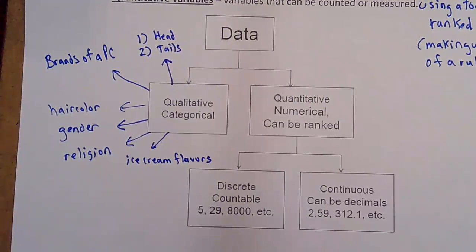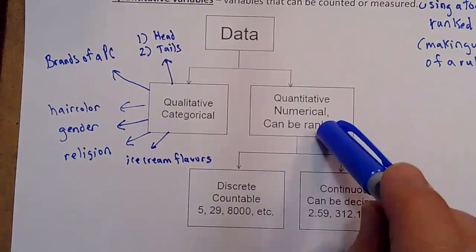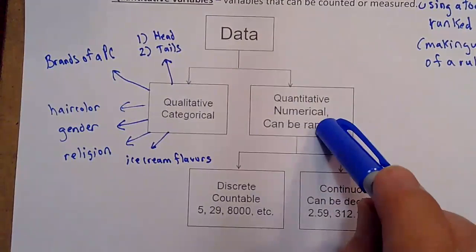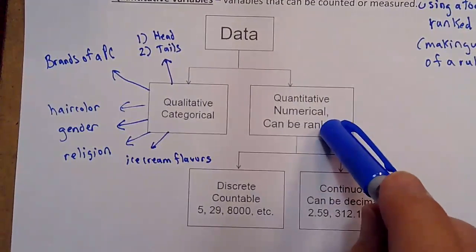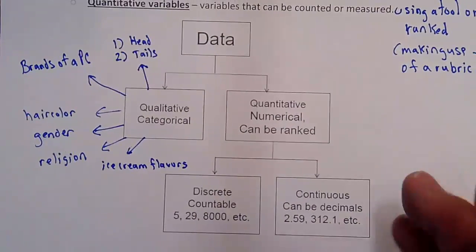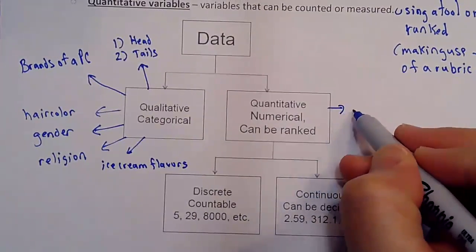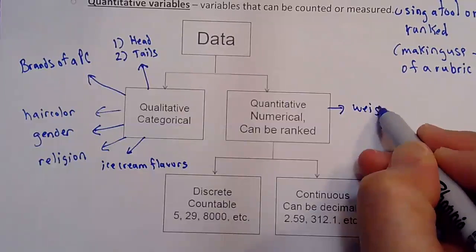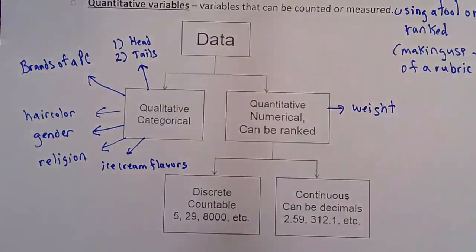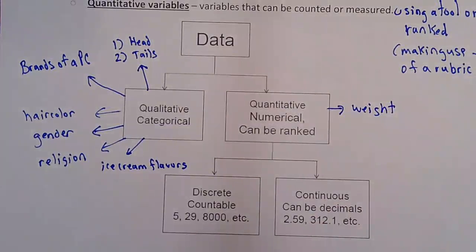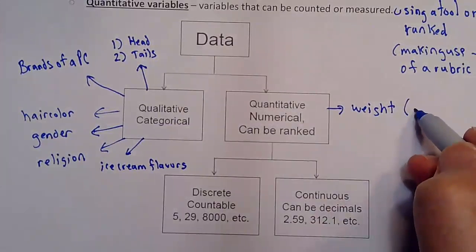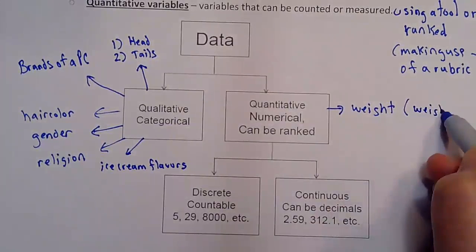Okay, and then we have quantitative variables. Quantitative variables, so variables that can be counted or measured using some kind of a tool or that they're ranked. So I have examples here, like weight would be more considered a quantitative variable as opposed to a qualitative variable, because in order to compute one's weight, you need a weight scale, right?